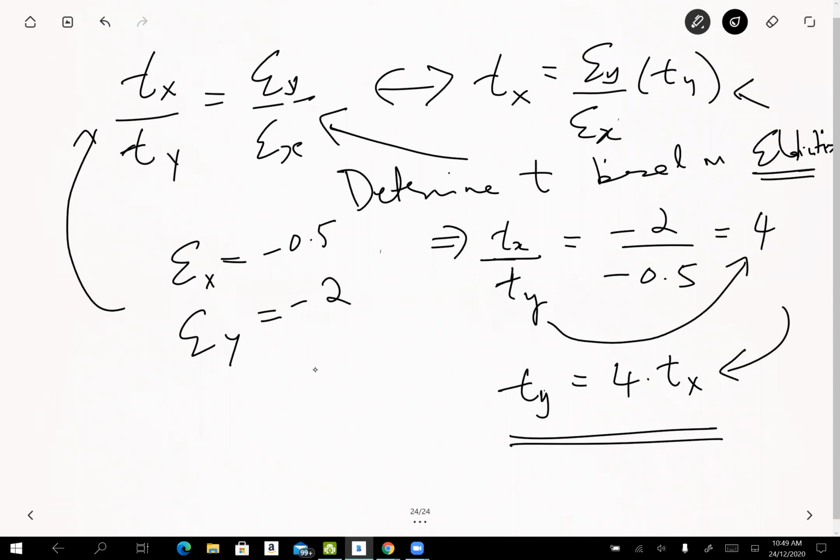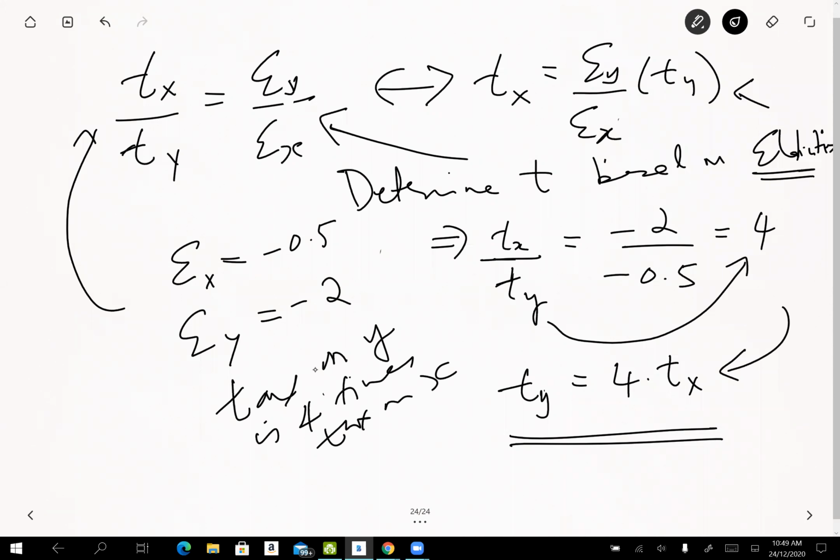So the tax on Y, yes, you're right, good, thank you, is 4 times the tax on X. Now it makes sense. You must tax Y higher than X. Oh, this is reversed.